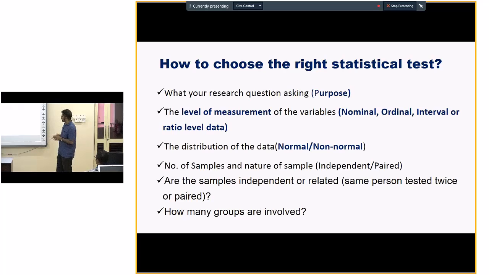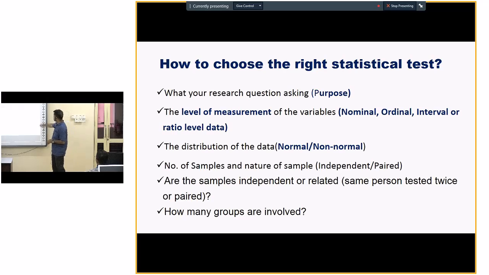Right. Then the third one, the distribution of data. If you have ordinal or nominal data, those are under the qualitative category. Then we cannot go for the parametric test. Definitely we have to use percentage analysis and other descriptive analysis, or we can go for the non-parametric test.